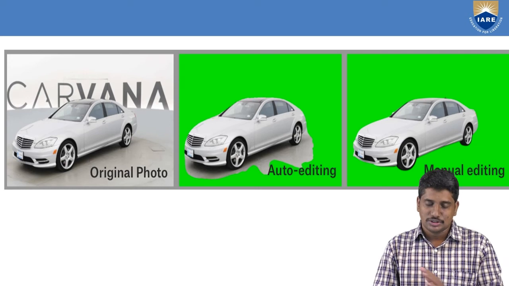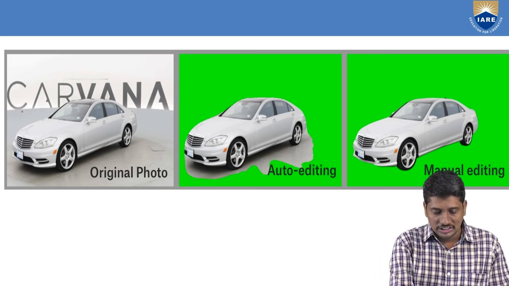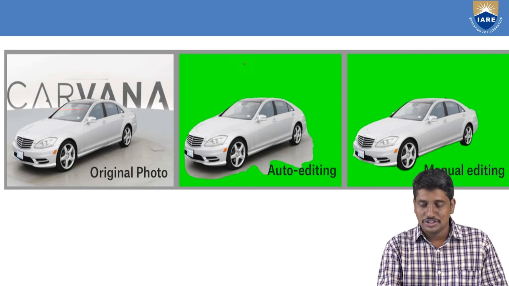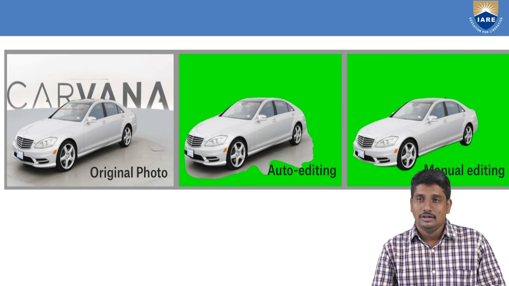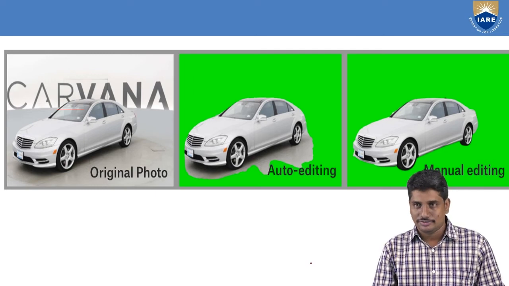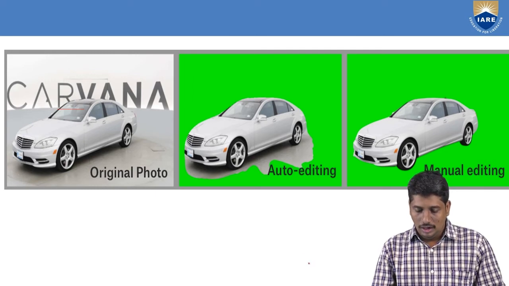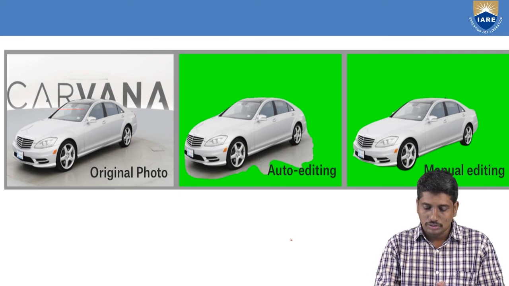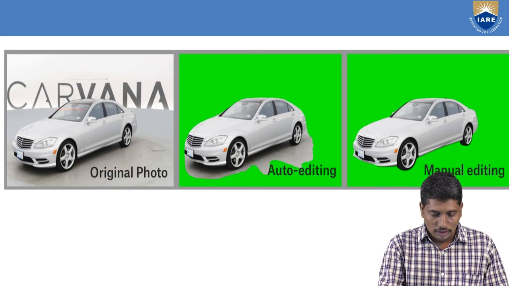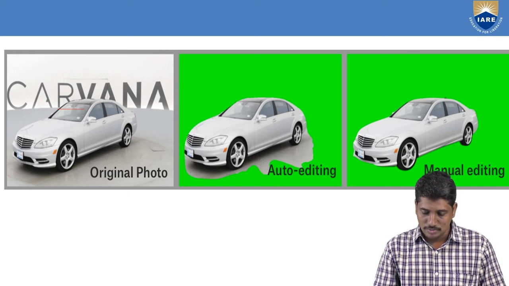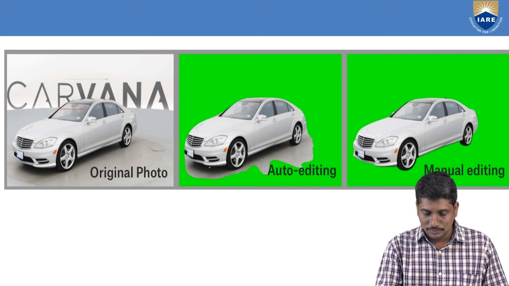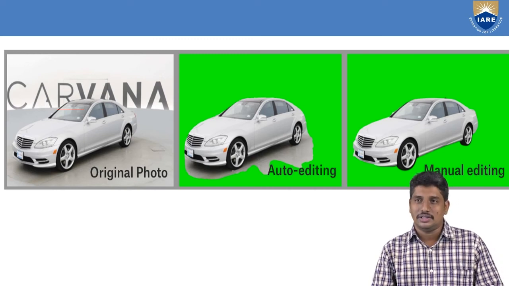To remove this name and to change the background, we have applied automation processing, which is auto editing through machine learning algorithms, which take the help of QR decomposition, and the image is processed into a particular required color, a green color background, and the floor has been removed and the name has been removed, and only less area of floor is depicted.